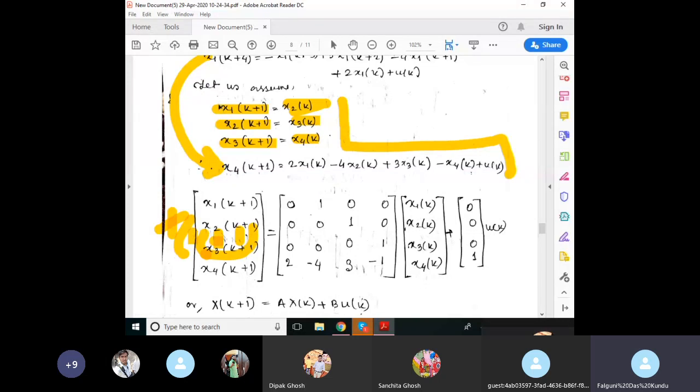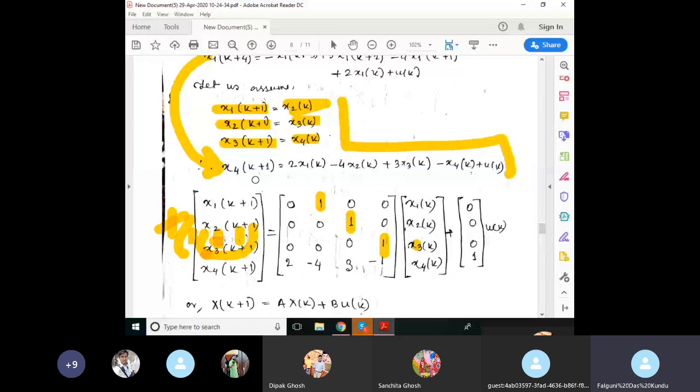So from the first equation we see that x1(k+1) equals x2k, that means we put here only 1 and the other terms are 0. For x2(k+1) is nothing but x3k, so we put 1 for x3 and the other terms are 0, and x3(k+1) is nothing but x4, so we put here 1 and the other terms 0.